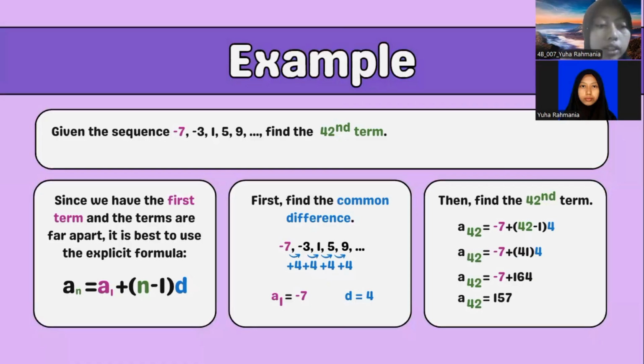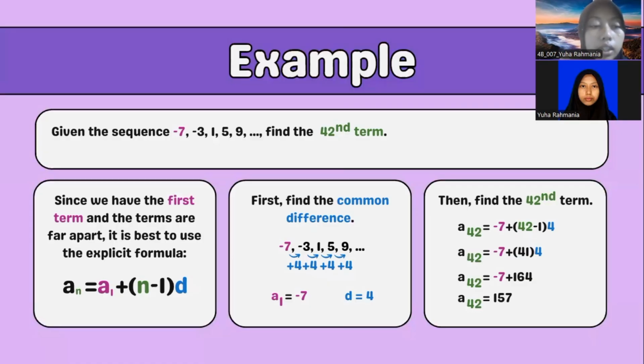Negative 3 minus negative 7 equals 4. 1 minus negative 3 also equals 4, and 5 minus 1 equals 4. So the common difference is 4. Because the term number is very large, it will take too much time to calculate every term one by one. Therefore, using the explicit formula is the most efficient method.